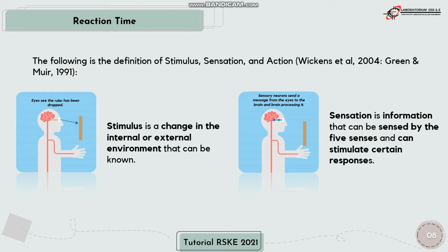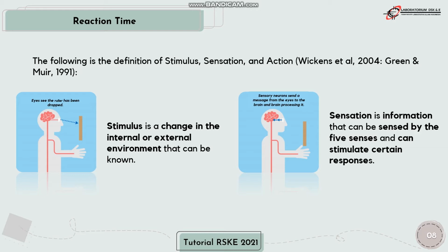The following is the definition of stimulus, sensation, and action. A stimulus is everything that happens in the environment around us. The stimulus can be in the form of visual, audio, smell, and movement stimuli.